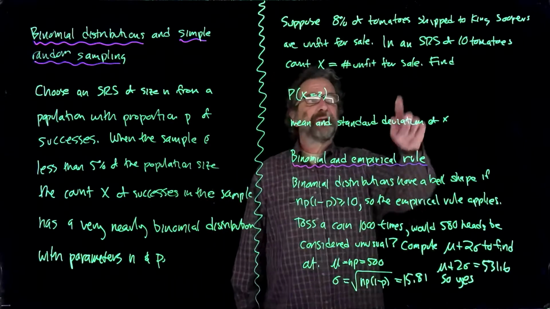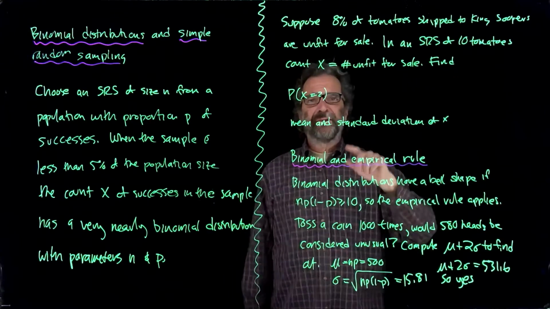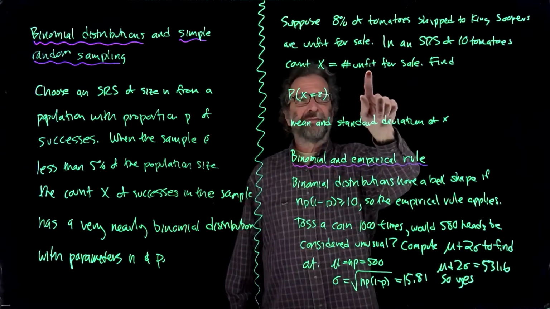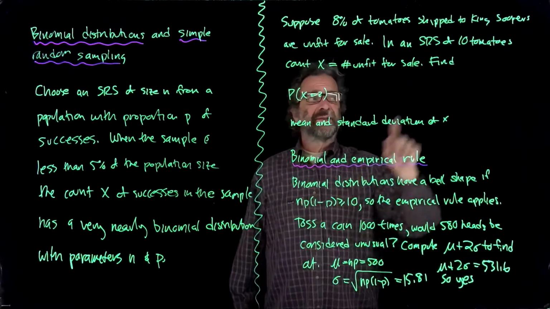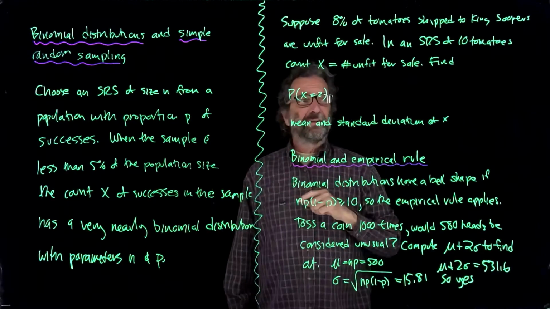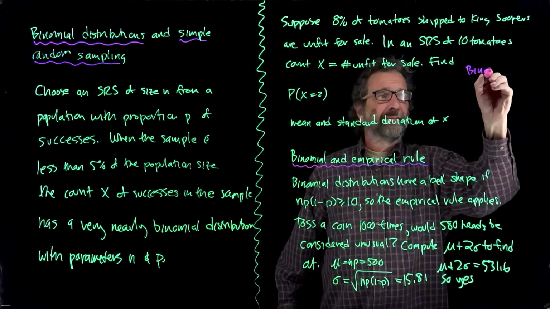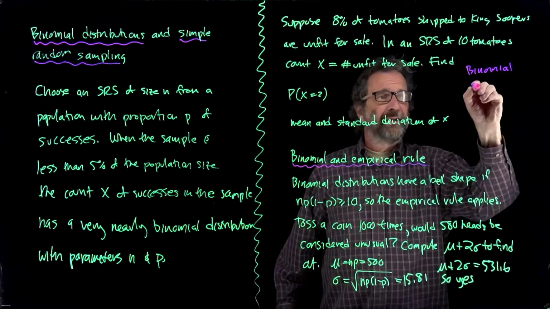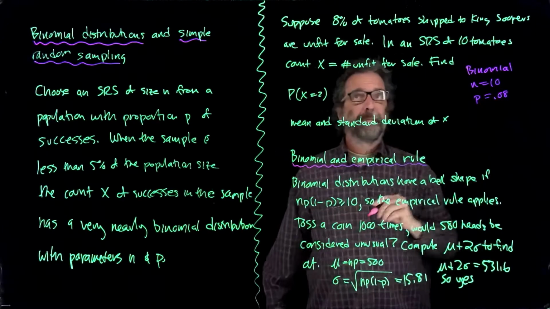So here's an example. Suppose 8% of tomatoes shipped to King Soopers are unfit for sale. In a simple random sample of 10 tomatoes, let x equal the number that are unfit for sale. So x should have a binomial distribution. n is 10, p is 0.08. Write that down here: binomial, n equals 10, p equals 0.08.